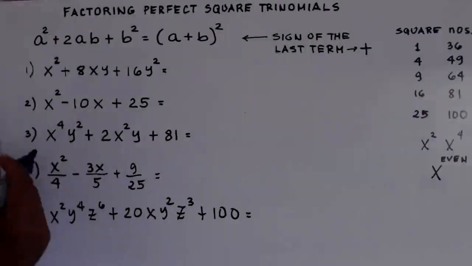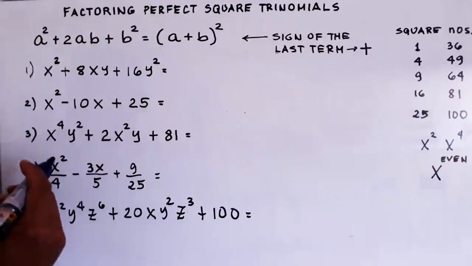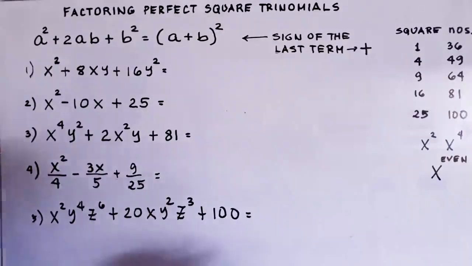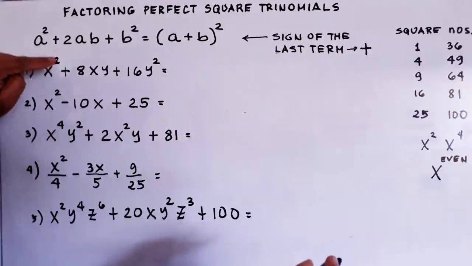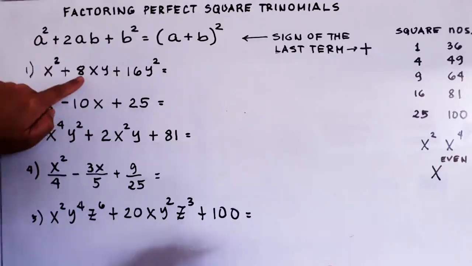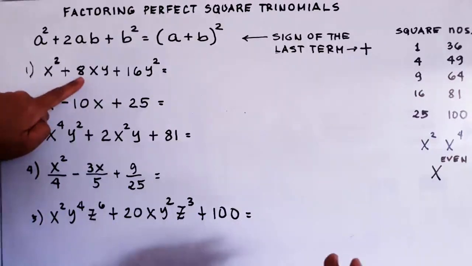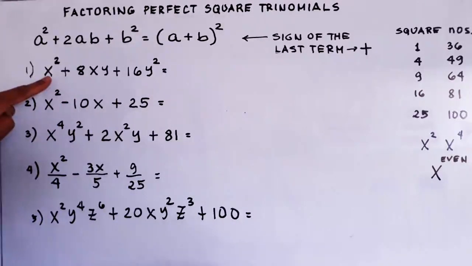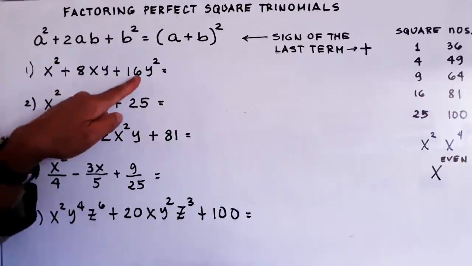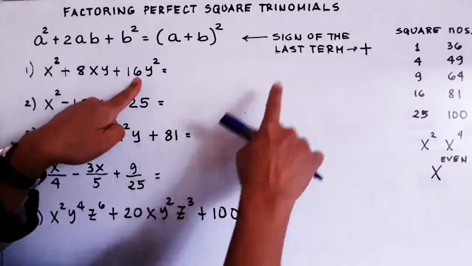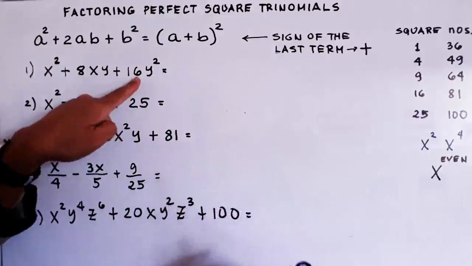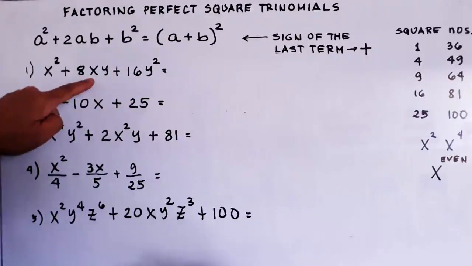So here, how do we check? The conventional way of checking whether our trinomial is a perfect square: we get the numerical coefficient of the second term, or the middle term. This is the first term, this one is the third term or the last term, and the middle is here in between.